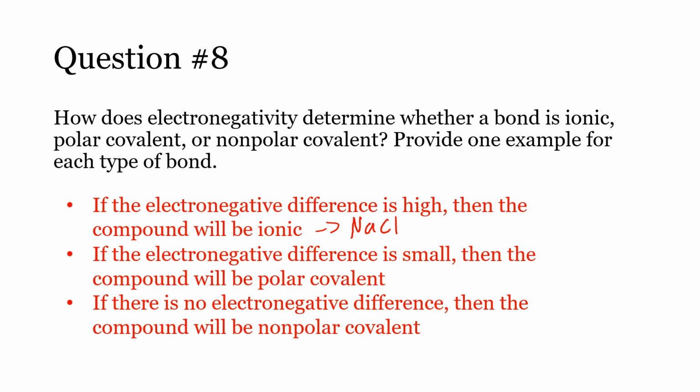If the electronegative difference is small, the compound will be polar covalent. The most common example that we are going to run into is going to be H2O or water. And then if there is no electronegative difference, then the compound will be nonpolar covalent. And the example that I used when talking about it in the notes was oxygen, which is going to be O2. So these are going to be what determines whether or not something is ionic, polar covalent, or nonpolar covalent.